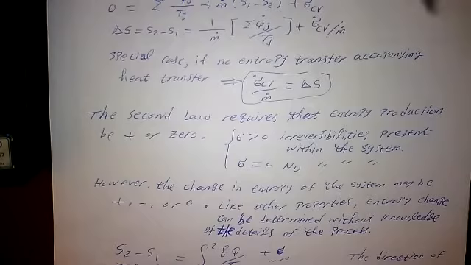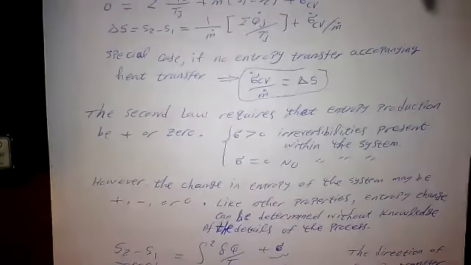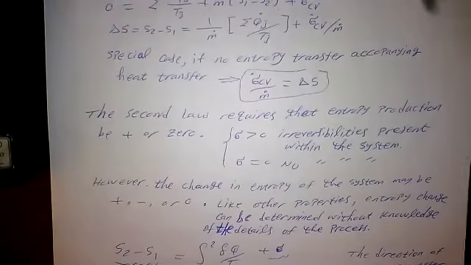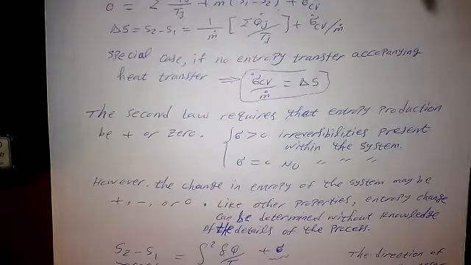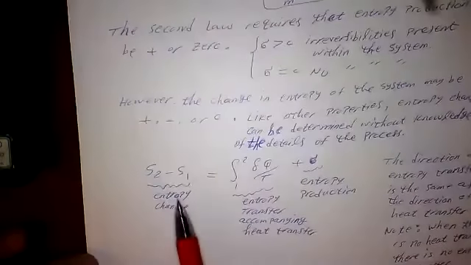Using the ideal gas condition, we can calculate delta S that way. But if it's a fluid like water, then we have to use the tables. Make sure that you don't mix these two things up. All right, so this is the change in entropy.